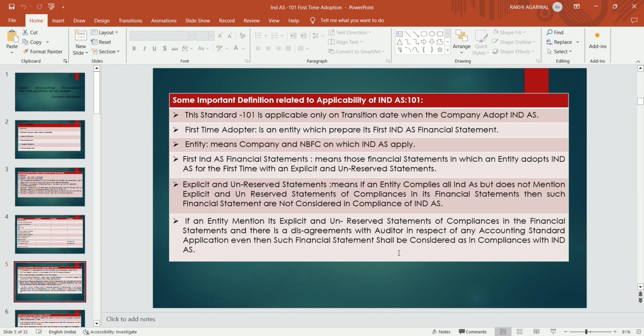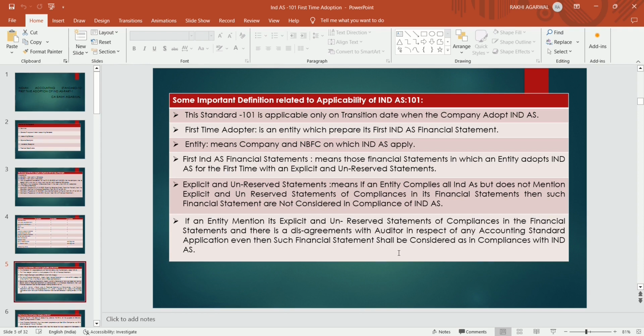First Ind AS financial statement means the statement which is prepared by the entity by adopting Ind AS for the first time with an explicit and unreserved statement. For the first Ind AS financial statement, an entity is required to give an explicit and unreserved statement. What do you mean by explicit and unreserved statement?